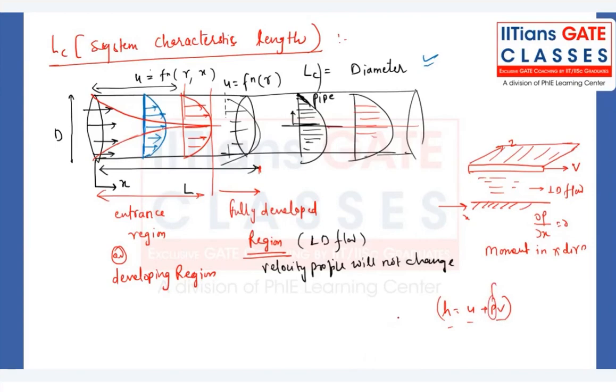That is an extensive property. So it can be both. Understanding or not? But if we say specific volume, that is meter cube per kg, if we divide by mass, that will once again be an intensive property, right?